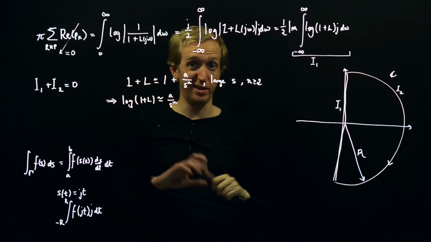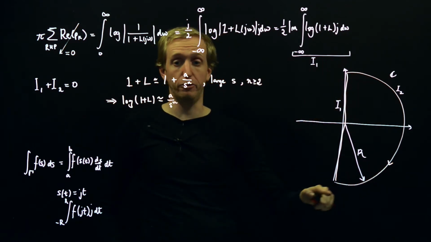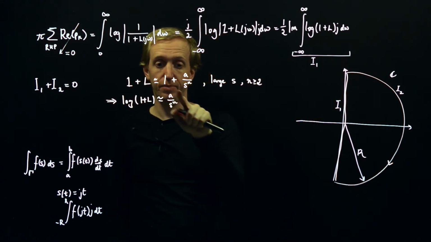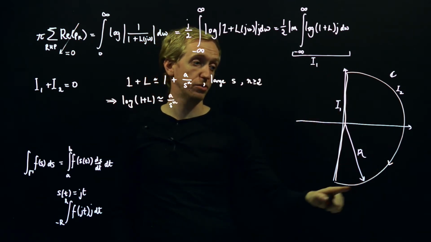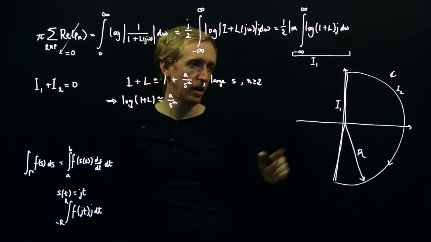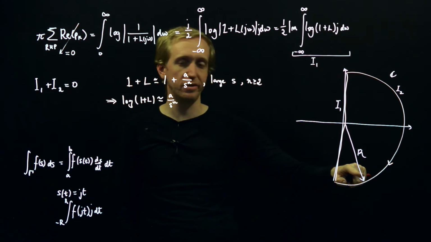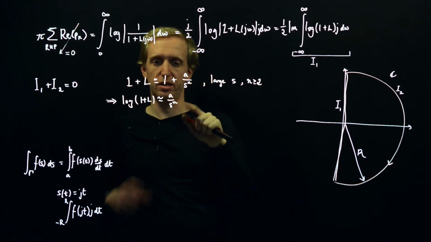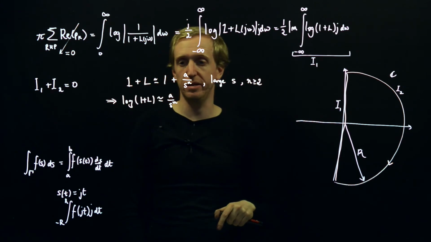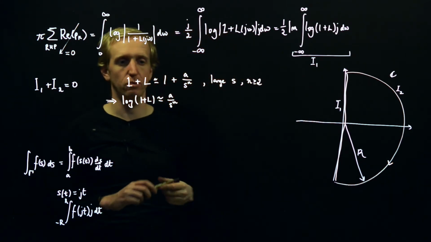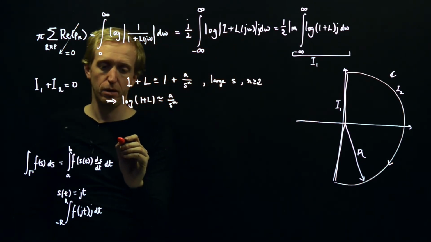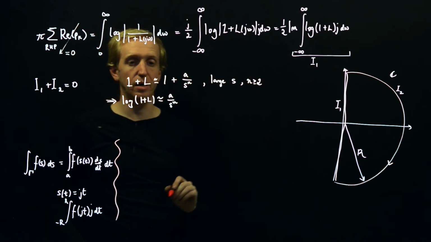And this is what we're going to use to finish off our integral. We're going to integrate this along our contour I2, and then taking the limit r goes to 0, this approximation is going to become exact, and we're actually going to find that this thing goes to 0. And you can make everything rigorous if you are so inclined.